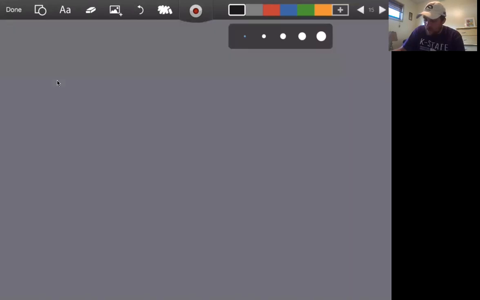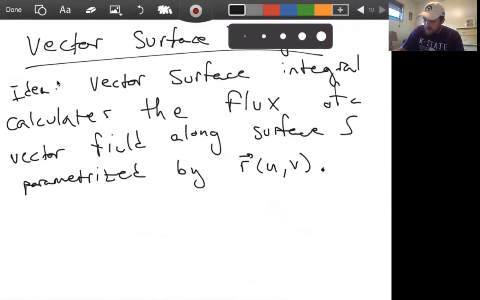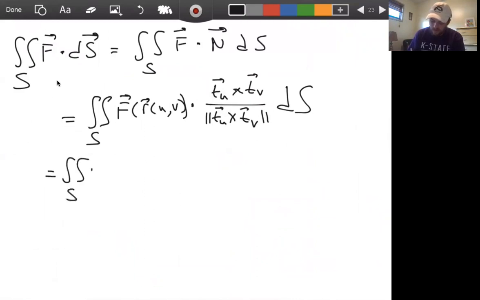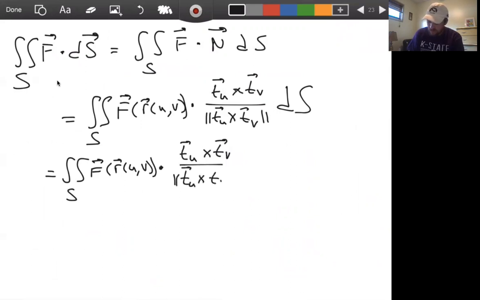We kind of secretly learned this equality, that dS is equal to the magnitude of Tu cross Tv du dv, right? And using that information to simplify our formula, this becomes the scalar surface integral of F of R of u,v times our unit normal vector Tu cross Tv divided by the magnitude of Tu cross Tv. Then we learned that dS is the magnitude of Tu cross Tv du dv.